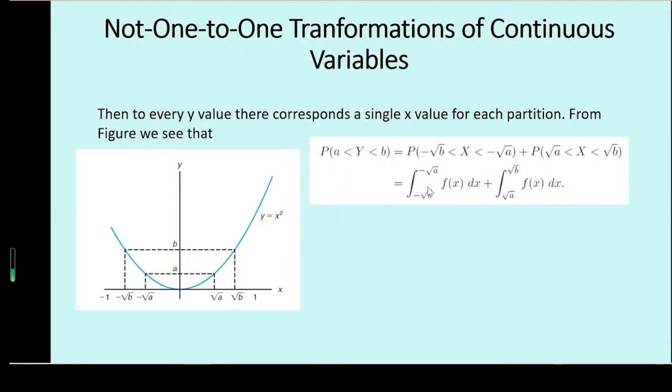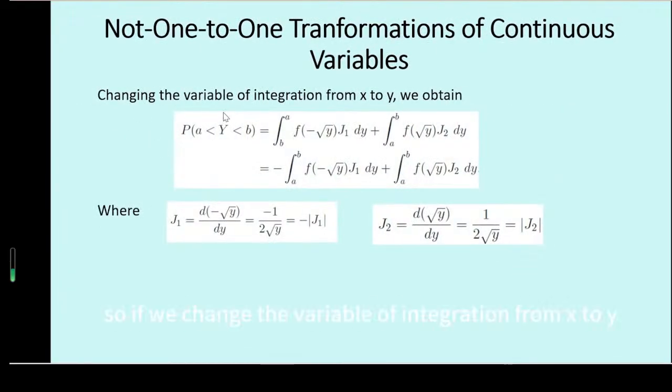We have to add them here. So for the y range here, there are two f(x) probabilities, right? Minus square root of b to minus square root of a, this is this range. And square root of a to square root of b, this range, right?